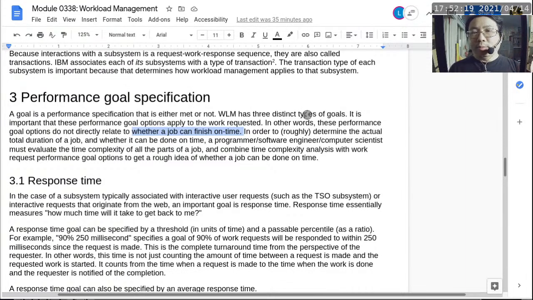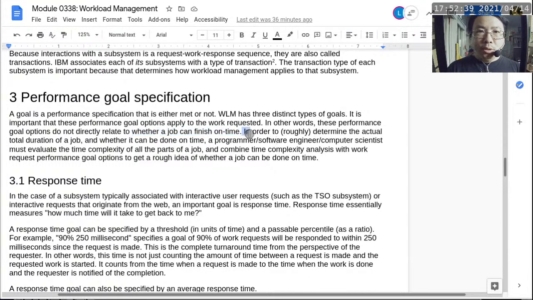Those concepts are difficult for a compiler or any type of computer tool to analyze to the point where it can tell you exactly how much time it is going to take to complete a particular algorithm. So that is not what performance goals are about.